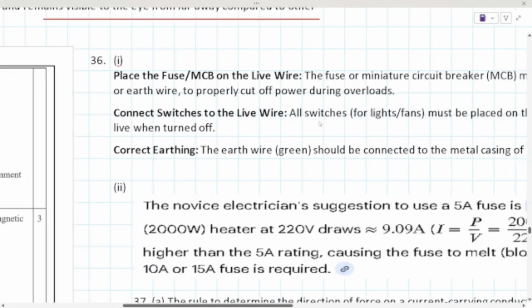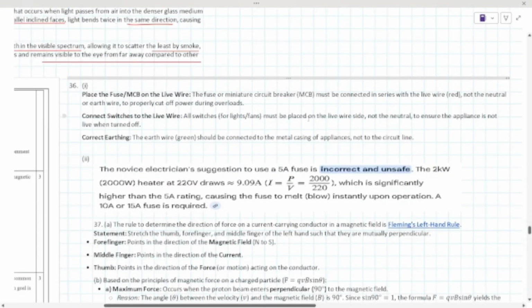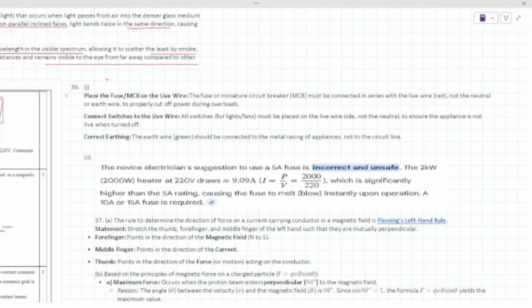So let's see here. Let me explain. The place of the MCB or breaker must be connected to the live wire, not the dead wire or earth wire, to protect from overload.